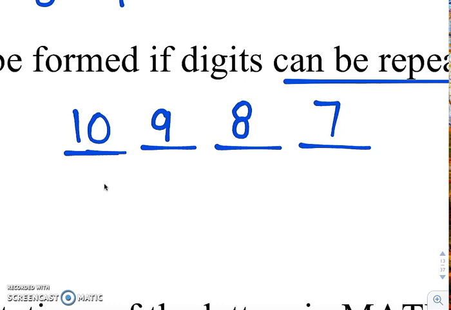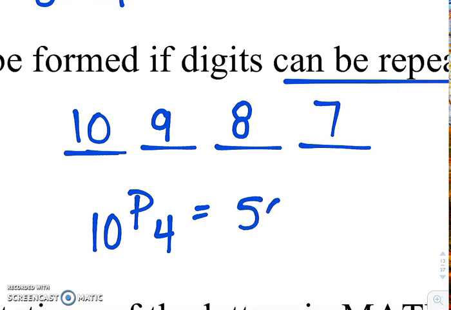So you could write it out that way, or you could write 10 pick 4. And you should get 5,040 ways.